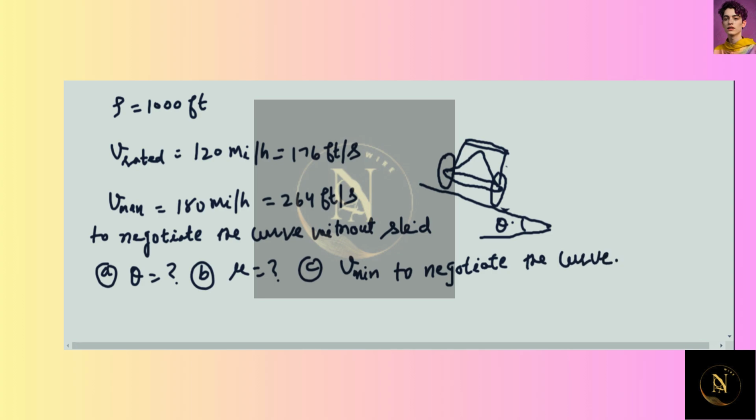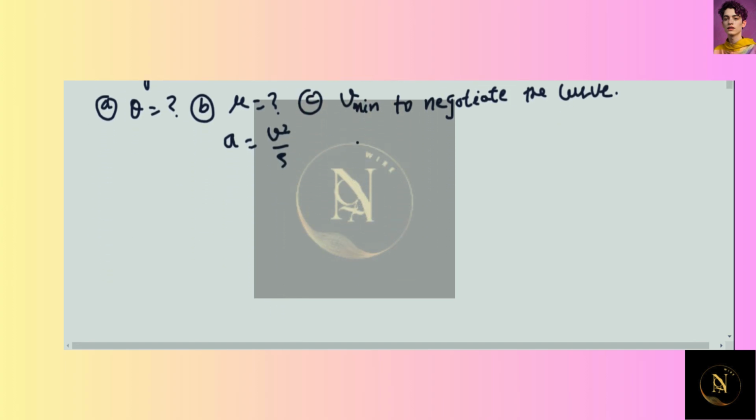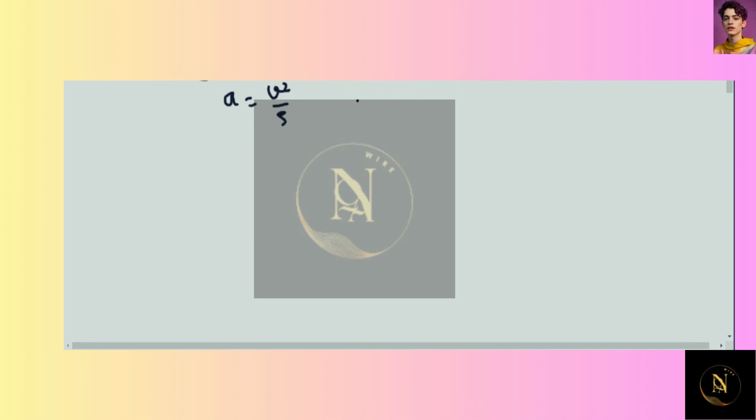Let us start solving. Normal acceleration of the car will be v square by rho. Now drawing free body diagram of the car. Just symbolic I am drawing here of the car.